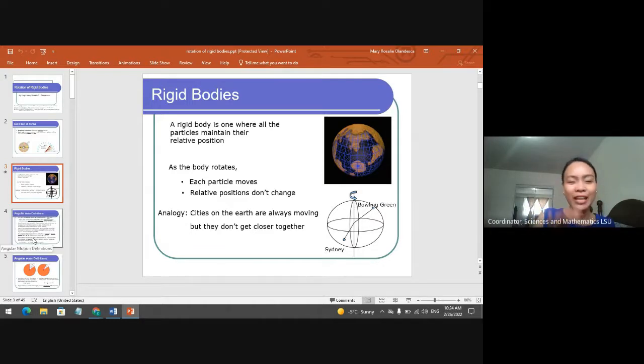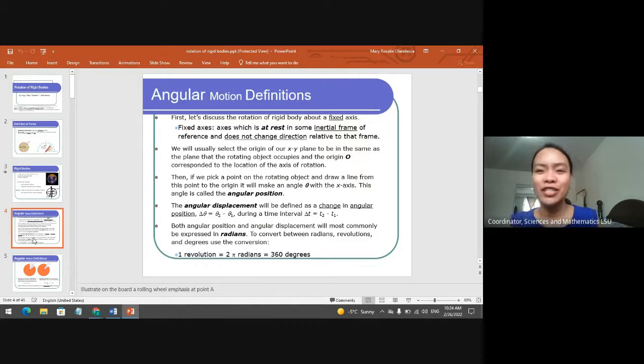Let's have our angular definitions. We already defined earlier the change in the position of a rigid body, which we call the angular position theta. In rigid bodies or angular motion, we have to take note of the inertial frame, the point origin O, and the angular position.